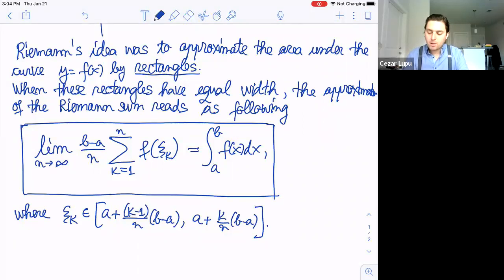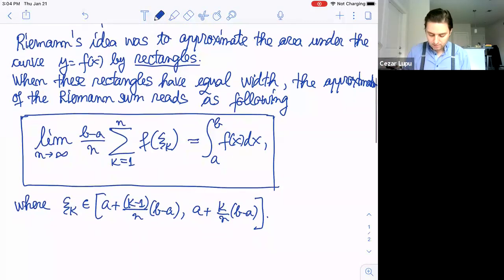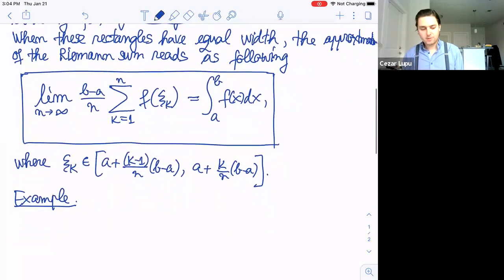And now I would like to illustrate this through an example. I think we have discussed this sequence. So an example. I usually discuss this in any advanced calculus or introduction to analysis course.